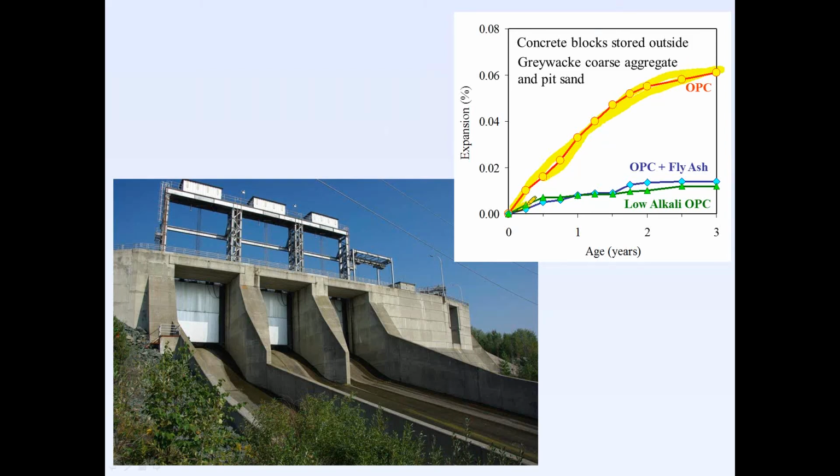And you can see the green line here shows the expansion of the same aggregate but using a low alkali cement. And then the blue line shows the expansion using a high alkali cement, the same cement as the one here, but using fly ash too. And they saw where they had the comfort of just 3 years of data, and they decided to go ahead with this option here, high alkali cement plus fly ash, and they built the structure.